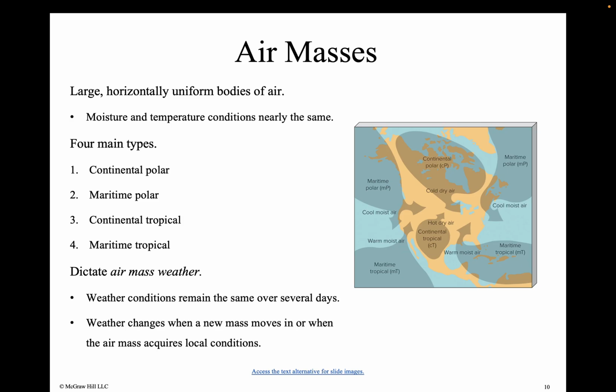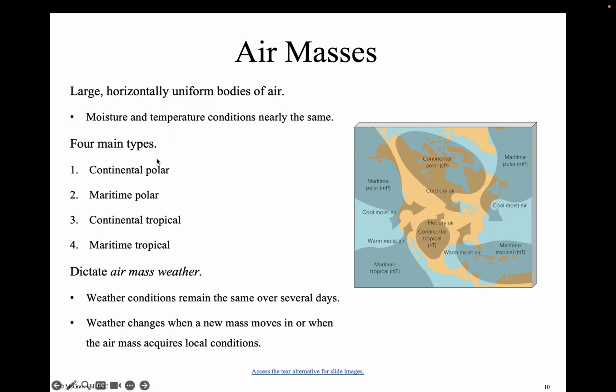Within the same air mass, usually the moisture and temperature conditions are nearly the same. So the whole air mass that you are looking at here has similar moisture and temperature, and that applies to other air masses too. We have four main types of air masses. Air masses are classified according to their moisture and their temperature conditions.